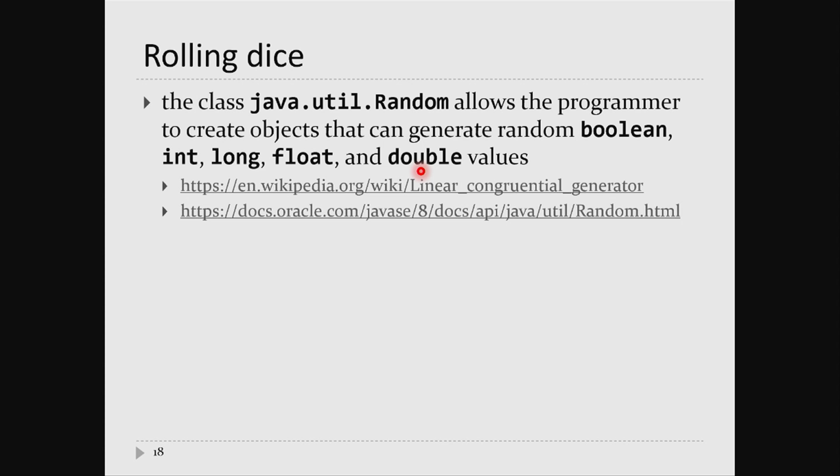If you want to know how this class works, you can hit that link there. Essentially, the very simple explanation is it computes some mathematical function and spits out some random number. If you want to find the documentation for it, you can just hit that link there.